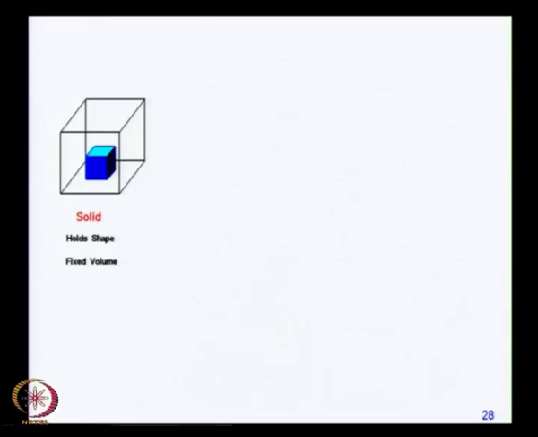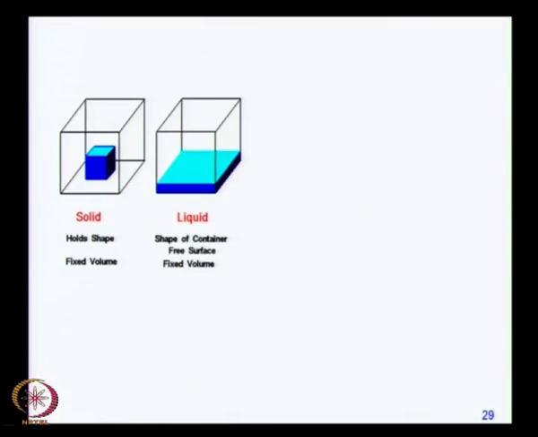So, matter comes in various forms. Solids are characterized by the fact that they have a shape of their own and a certain volume. Then there is liquid, and a liquid takes the shape of the container in which you keep it. So, you can tilt this and it will take a different shape, right.